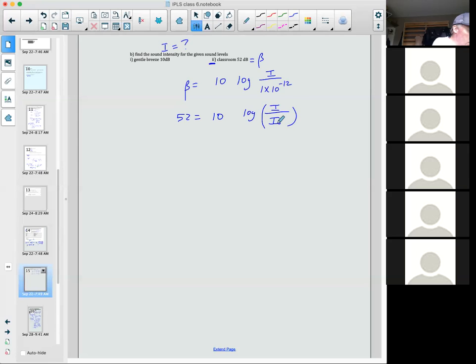I'm switching back and forth between the number and the variable representation. We're going to have to undo the logarithm, or change from a log form to an exponent form. In order to do that, the 10 on the right-hand side is a bother and an inconvenience. So let's divide both sides by 10.